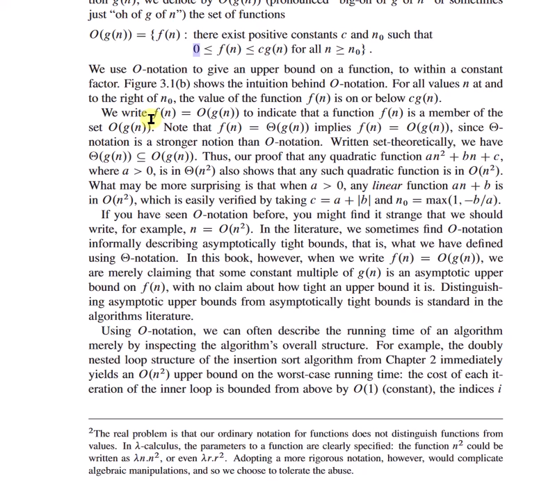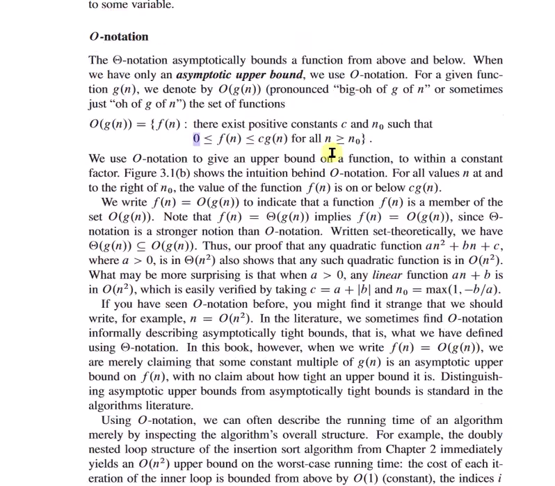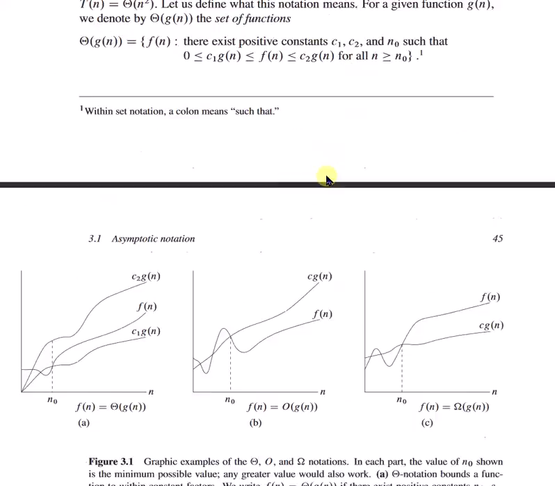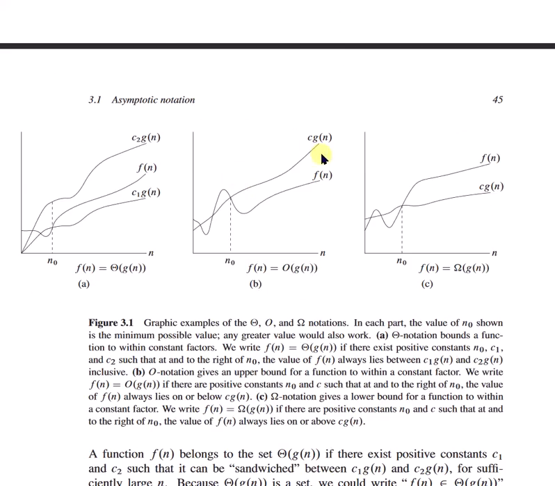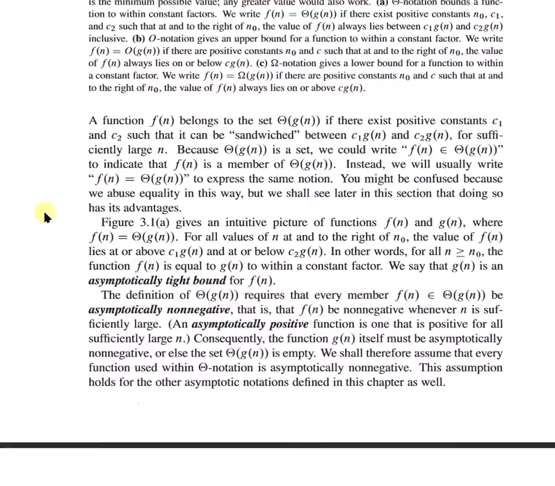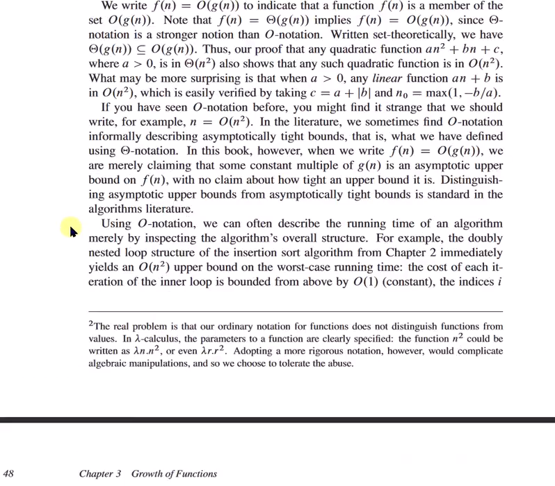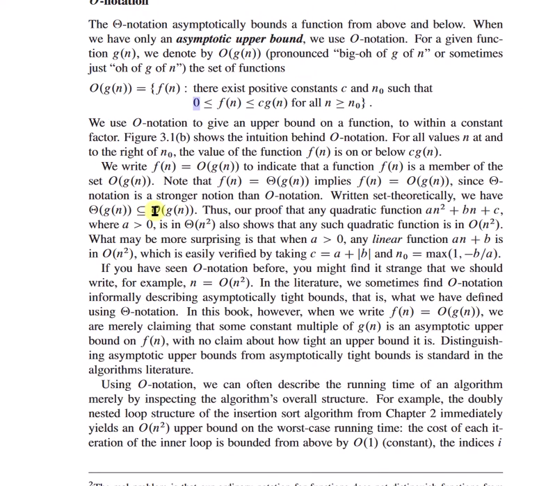Figure 3.1b shows the intuition behind big O notation. We saw it earlier, where we have an upper bound c into g of n. For all values n at and to the right of n naught, the value of function f of n is on or below c of g of n.